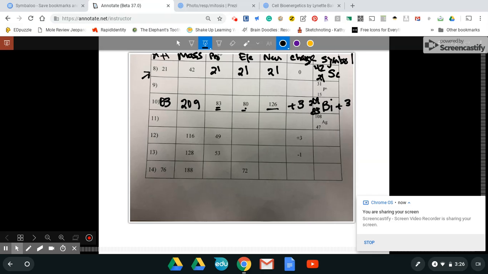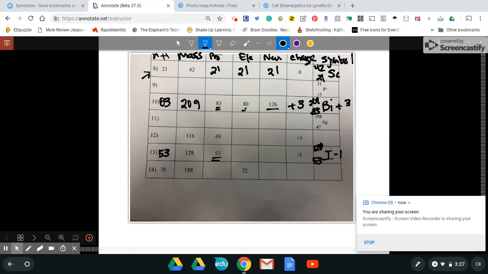Let's do number 13 on the paper that has a negative. So once again, if I know my protons, then I can know my atomic number. That is the same. All right, now item number 53 is iodine. So that's my symbol. Notice that I have a charge of -1. I know my mass is 128, and I know that my atomic number is 53, so I can fill that out.